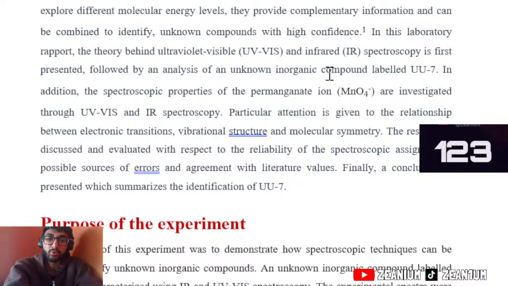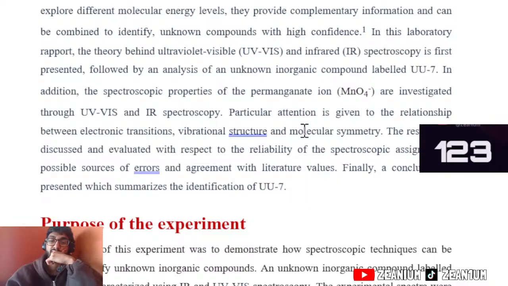In this laboratory report, the theory behind ultraviolet, UV-vis, and IR spectroscopy is first presented, followed by the analysis of an unknown inorganic compound labeled U7. In addition, the spectroscopic properties of the permanganate ion, MnO4 minus, are investigated through UV-vis and IR spectroscopy.